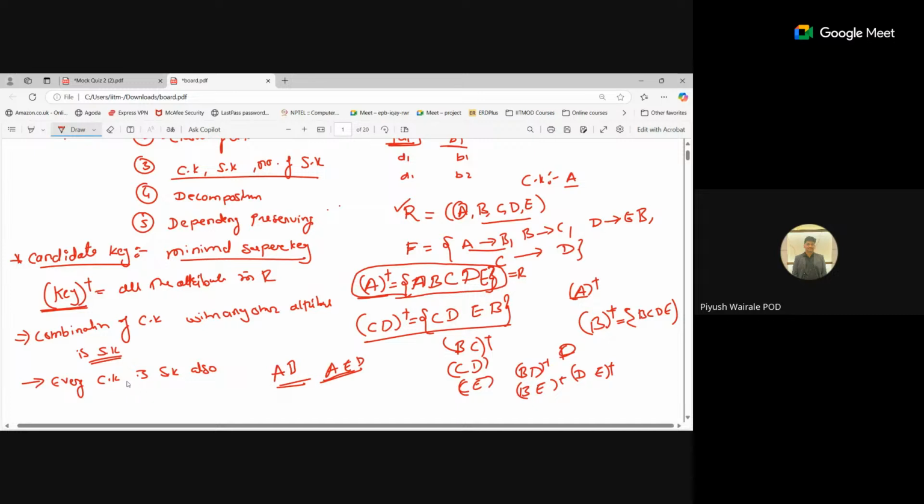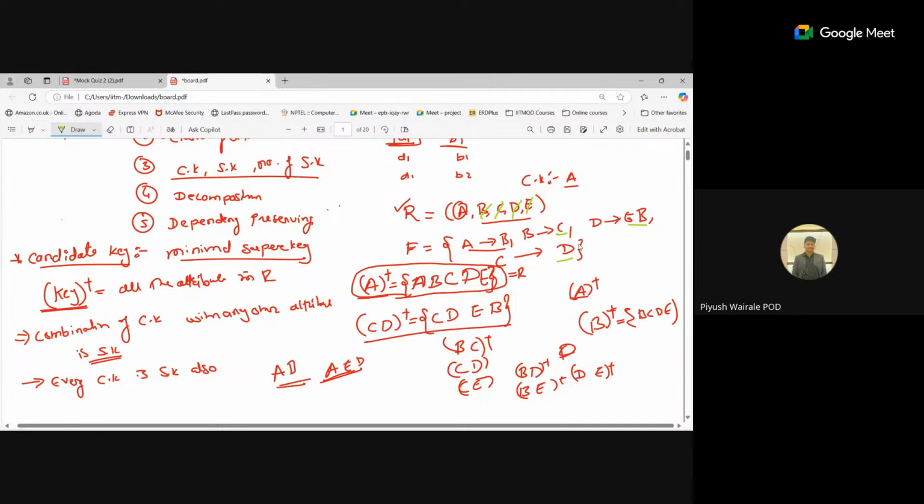Okay. So this is the long process that you need to do, right? But there is one trick. First you can apply that, and after that you can check whether that is getting satisfied or not. So what is that trick? First, try to find out which attributes are not present on the right hand side of any functional dependency. B is present, C is present, E is present, D is present.